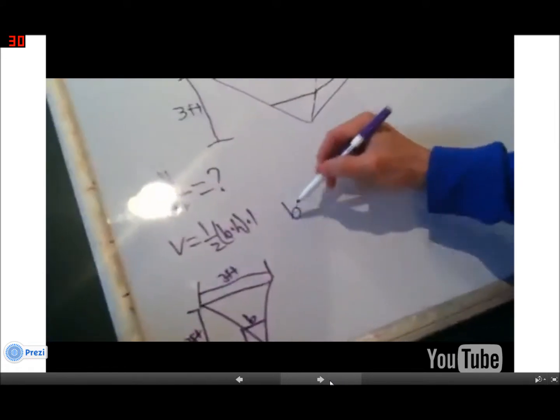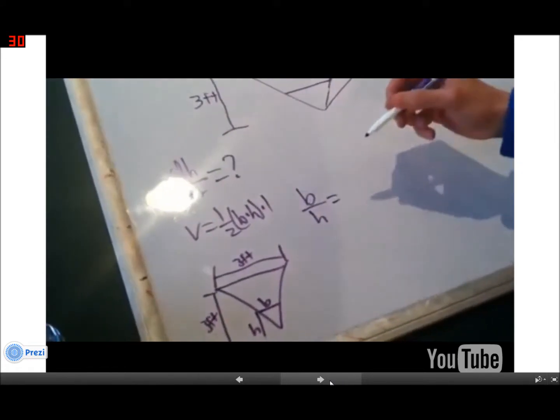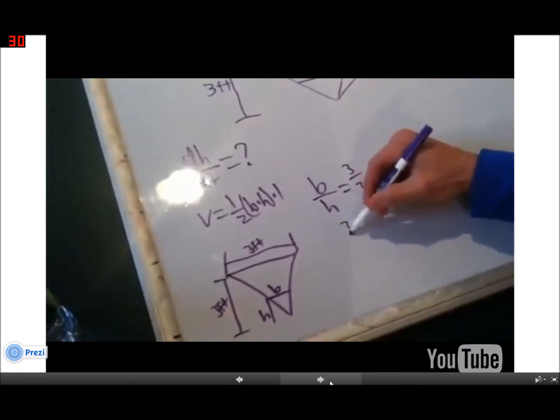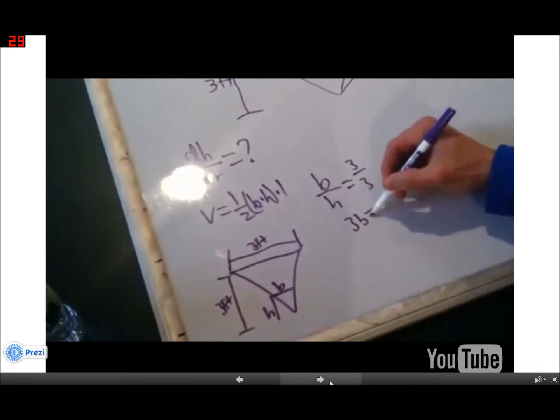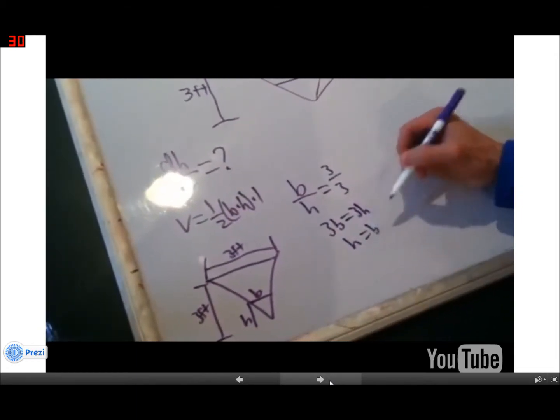Okay, so we have V over H equal to the current values, which are 3 over 3. Cross multiply, and get H equal to V.